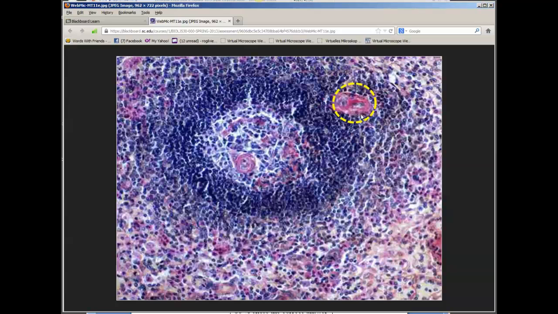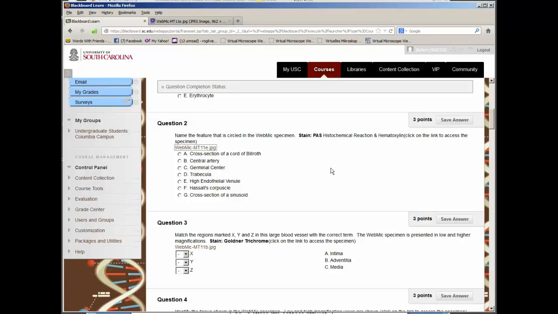Very typical pattern in the spleen and absolutely unique to the spleen to have an artery associated with the lymphatic nodule. So going back to that particular question, you should have chosen the central artery. So now we'll move on to the next image.